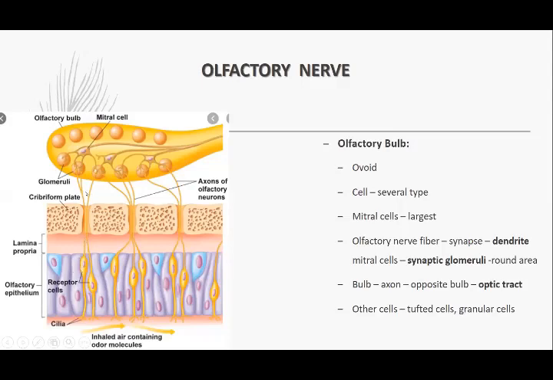So these axons that make up the olfactory nerve anastomose with the dendrites of the mitral cells. The area where this anastomosis occurs between the axons of the first cranial nerve and the dendrites of the mitral cells present in the olfactory bulb is called synaptic glomeruli. Okay, they are called synaptic glomeruli.